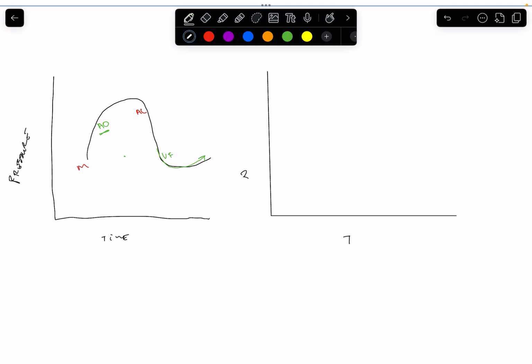Now, something you're going to see a lot more commonly that is associated with this is a pressure volume loop. It's going to look something like this.